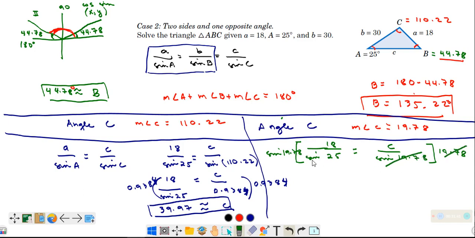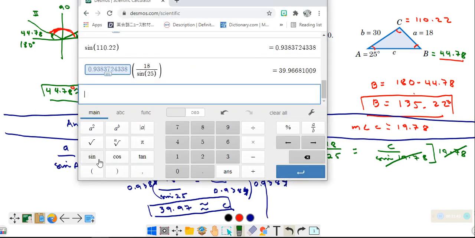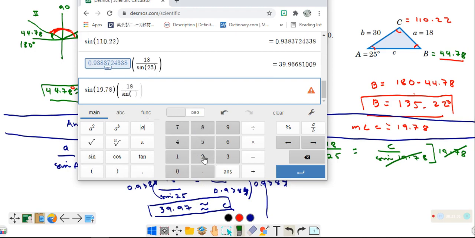So, dito lang tayo mag-focus sa left side. Sin 19.78 close parenthesis multiplied by 18 over sin 25.